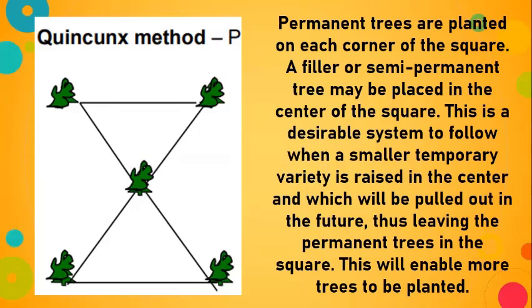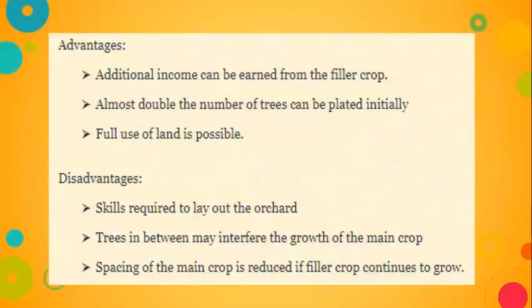A filler or semi-permanent tree may be placed in the center of the square. This is a desirable system to follow when a smaller temporary variety is raised in the center and will be pulled out in the future, thus leaving the permanent trees in the square. This will enable more trees to be planted. The advantages, additional income can be earned from the filler crop.